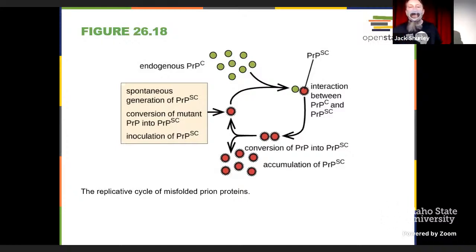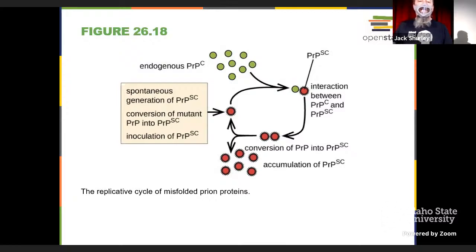So there are handfuls of issues with this. The red guys are the bad guys, the green guys are the normal, regularly folded proteins, right? And this is what's really kind of weird with the prions, is that they are proteins. It's not nucleic acid. It's not capable of replicating like we think of cells replicating. But stuff still replicates.